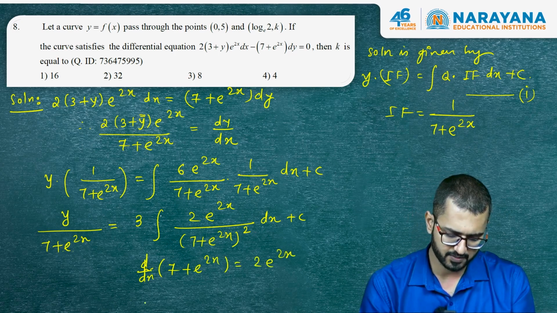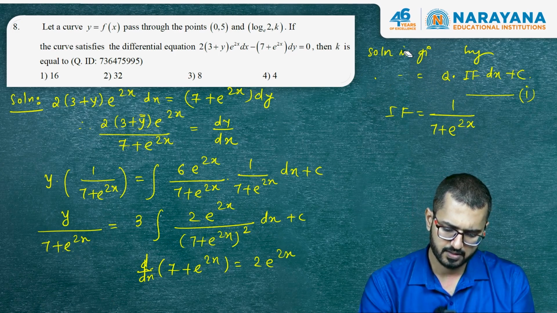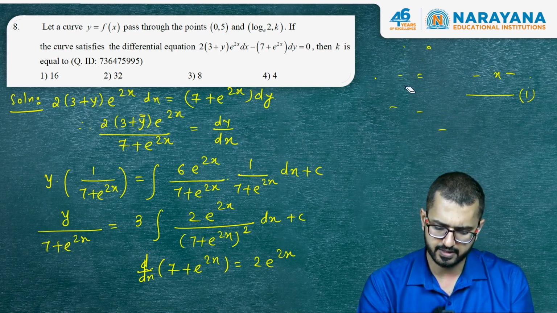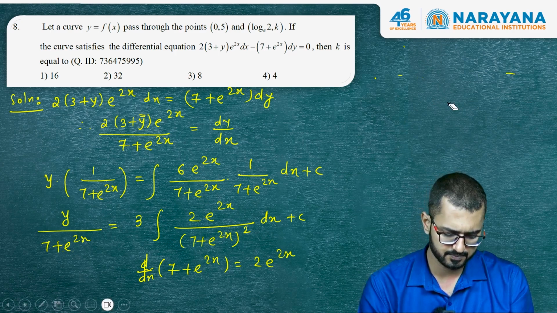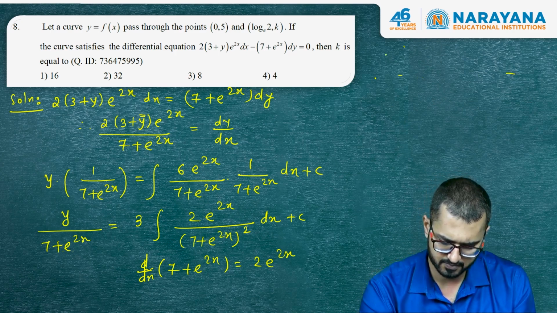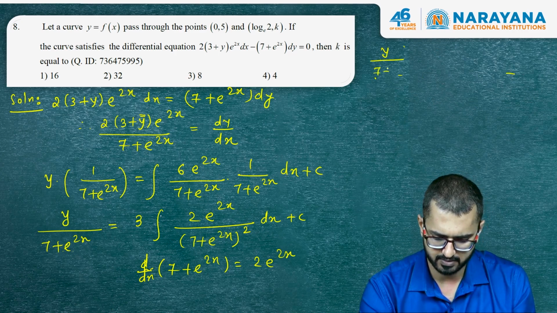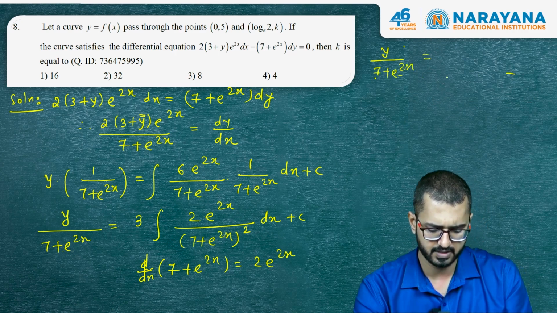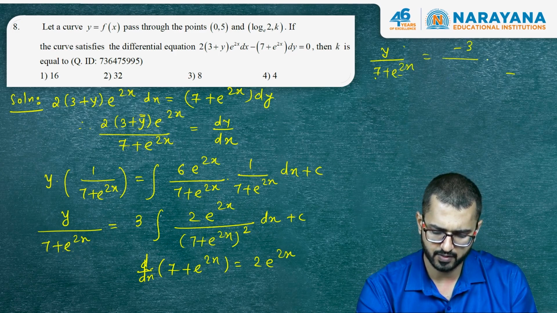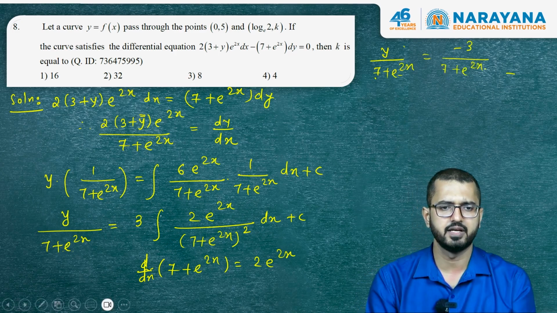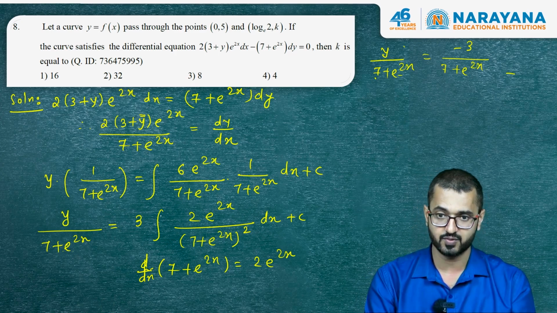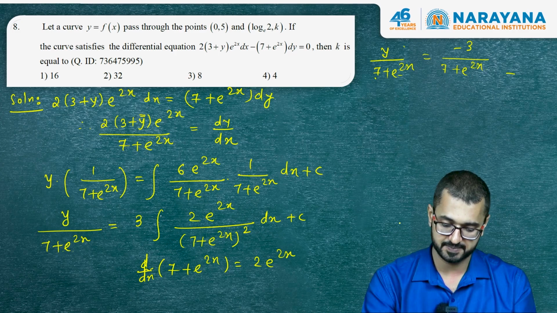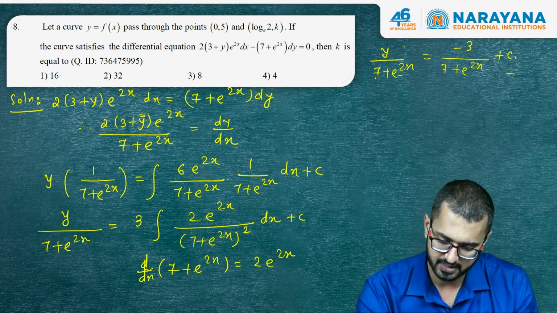So I can write it directly: y over 7 plus e power 2x is equal to minus 3 over 7 plus e power 2x, because the derivative of 1 over x is minus 1 upon x square. So we have integration of 1 over x square, which we can write as minus 1 by x. So yes, that is confirmed. And then we have here c.